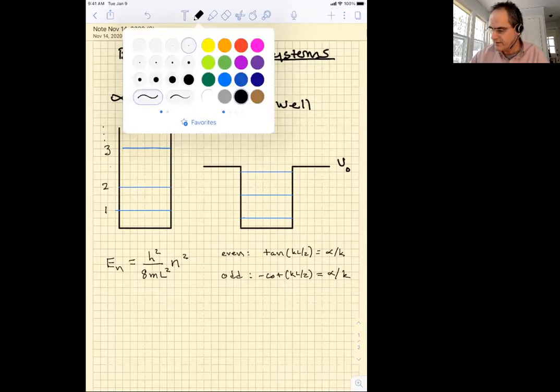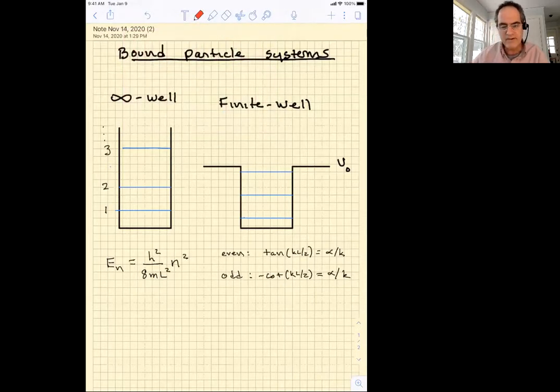Okay? We also know what the wave functions for these systems look like. For the infinite well system, the wave functions look like the standing waves that we see on a stretched spring, which I'm going to try to draw here as well as I can, but they're very familiar to us. And in particular, they have nodes at the edges.